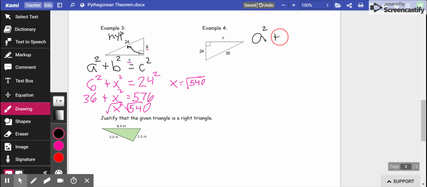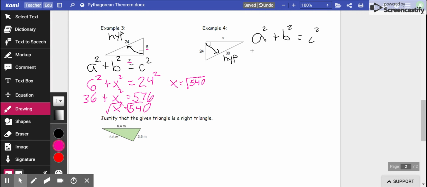Example 4 really works out the same way as example 3. A squared plus b squared equals c squared. You just have to identify which one is the hypotenuse and which ones are the legs. The hypotenuse is always the longest side, the furthest one from the right angle.